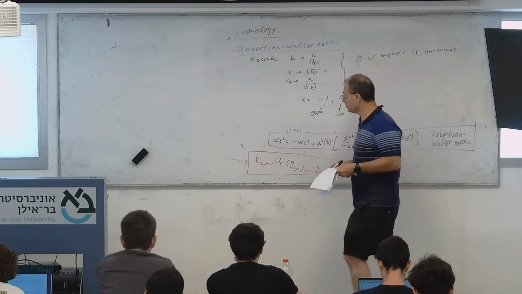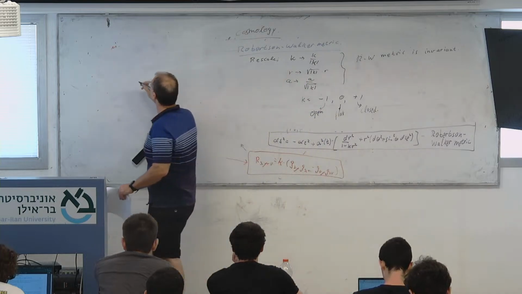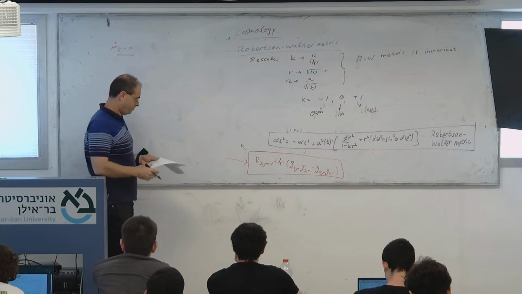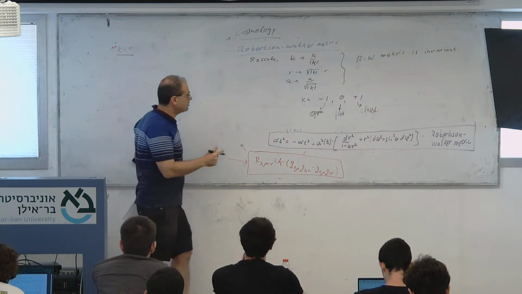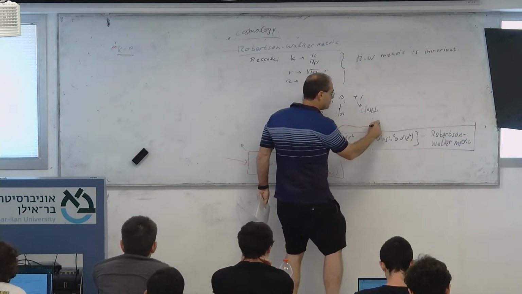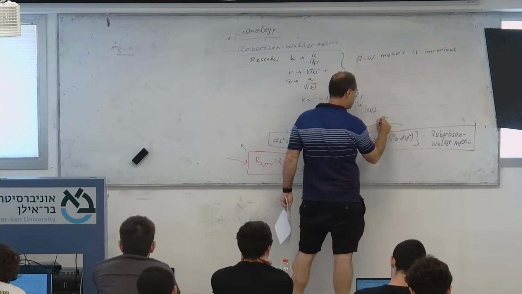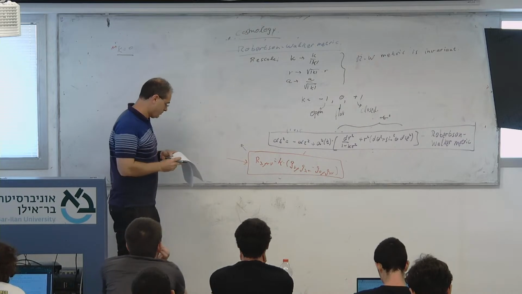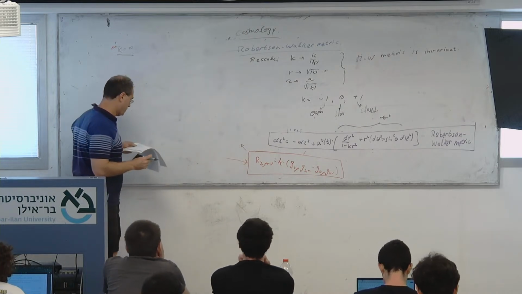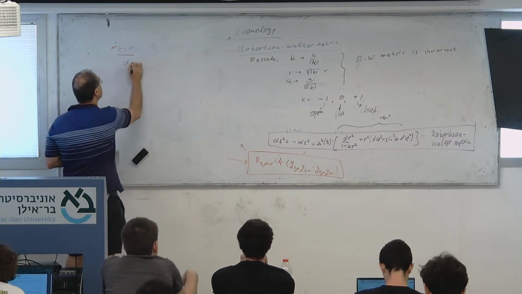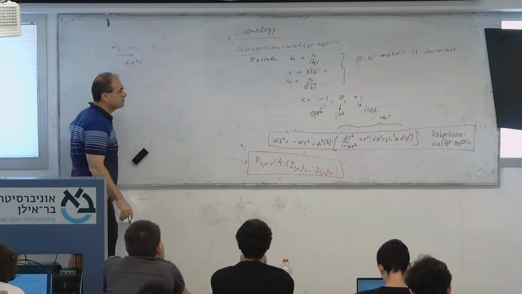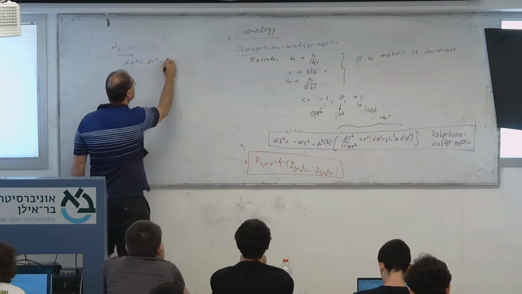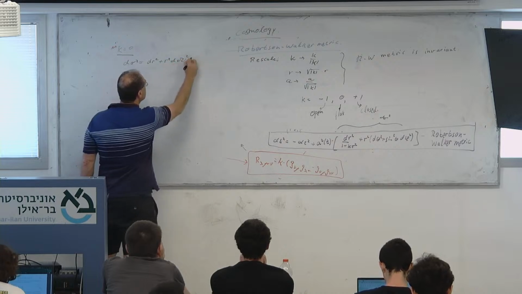Now let's see. If K is equal to 0, what do we have here? Let's look just at the spatial part, they call this sigma. So d sigma squared is dr squared plus r squared d omega squared.